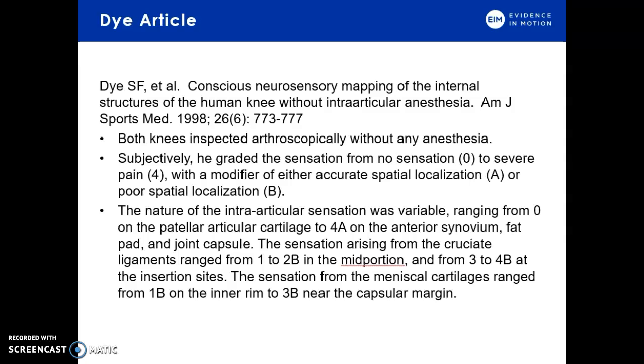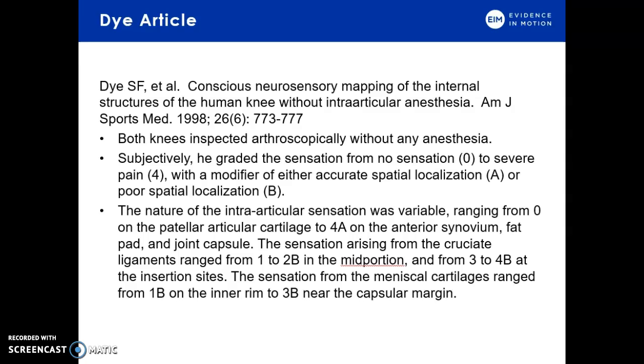And then they rated the pain as 0 to 4, 0 being nothing, 4 being severe. And then they also had a modifier. So A meant that it was very specific and very local, or B being that it had poor localization.